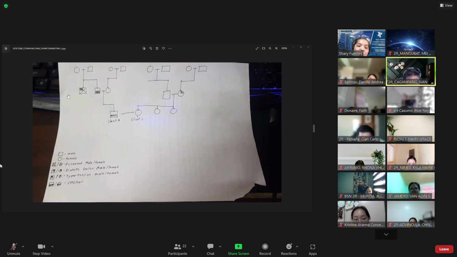So, smoker yung father, yung mother kay dili. Wala mi kabalo sa yung so on. Then, si client, wala siya hypertension, wala siya diabetic, pero smoker si client. And then, also sa grandparent na side ni mother, which is si client L, wala mi kabalo sa additional info. So, wala mi kabalo if naay history sila, so wala na ako gibutang.